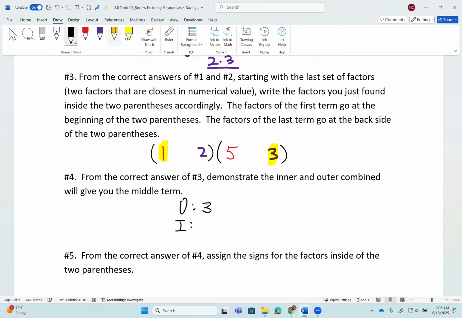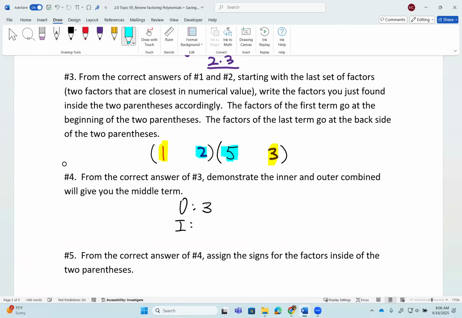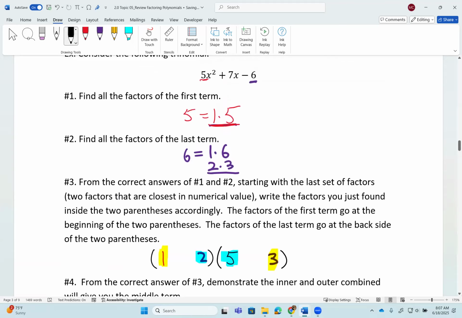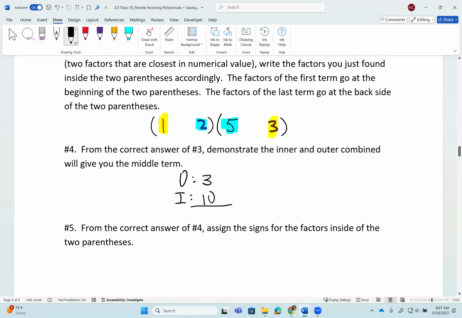Inner, 2 times 5 is 10. Can 3 and 10 combine somehow to give me my middle term, which is positive 7? Yes, it can.